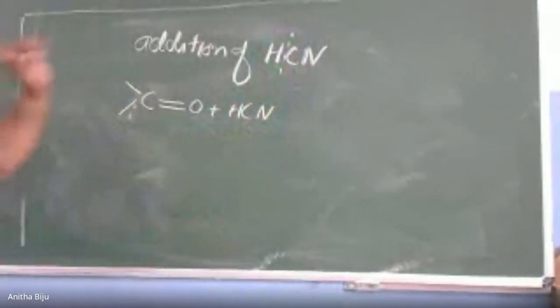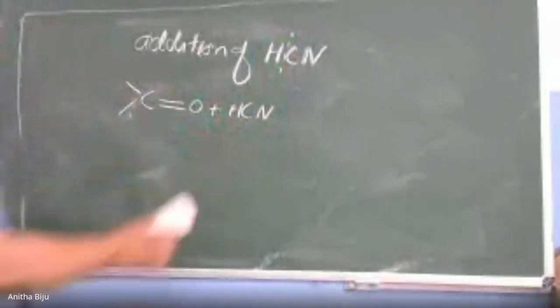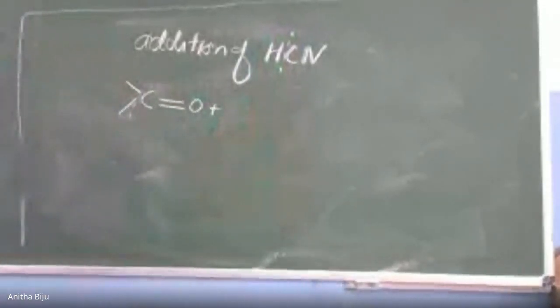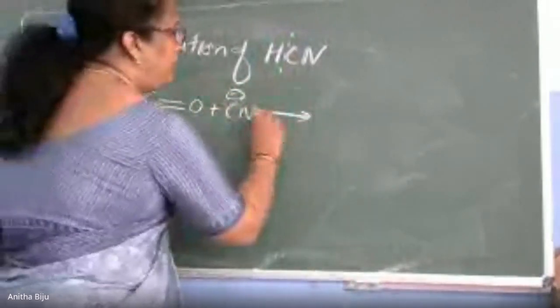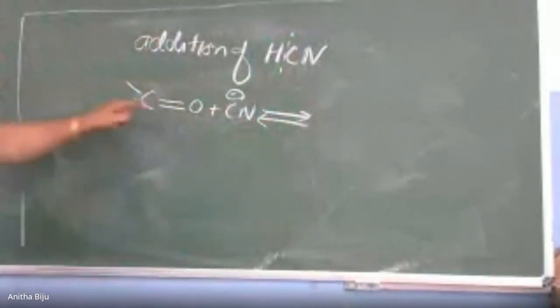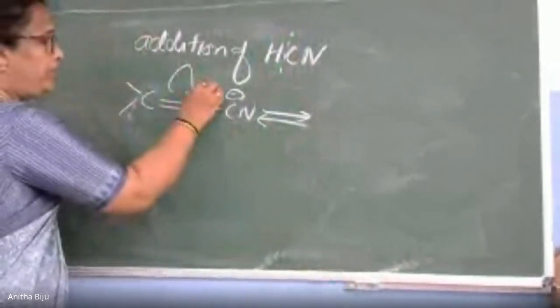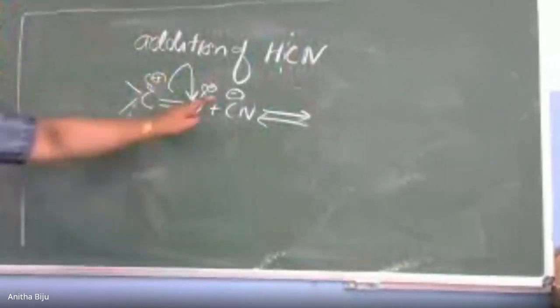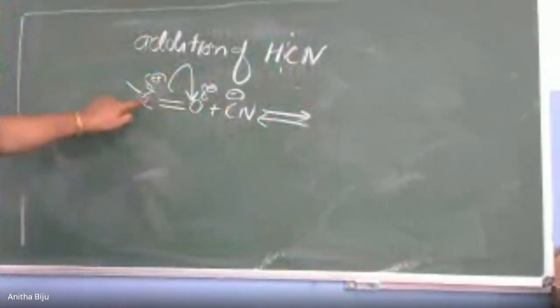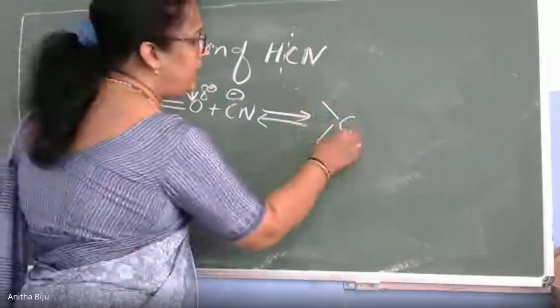When we are considering HCl, the first part which undergoes reaction is Cl minus, then it attacks the carbonyl. Here, shifting of electron takes place. This gives partial negative charge and partial positive charge, and this negative part is attached to this carbon. So we get the intermediate compound.